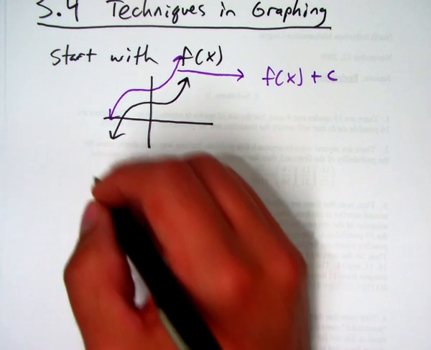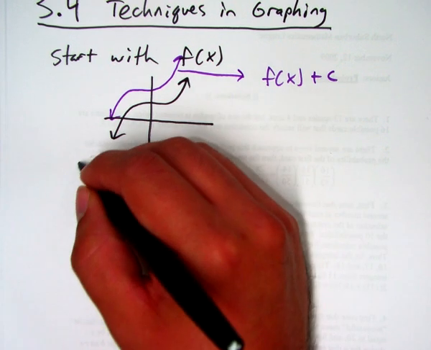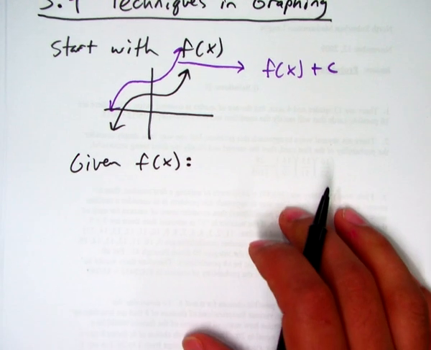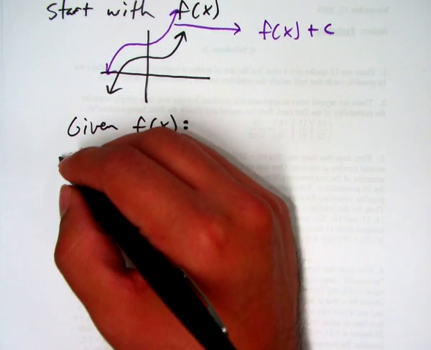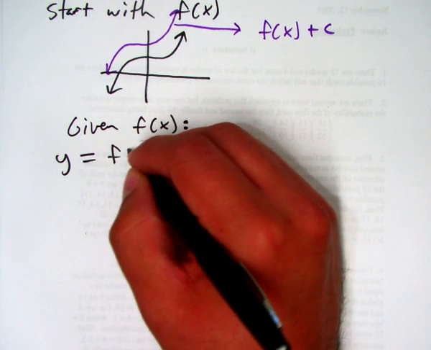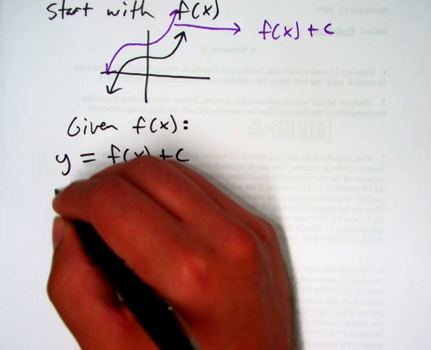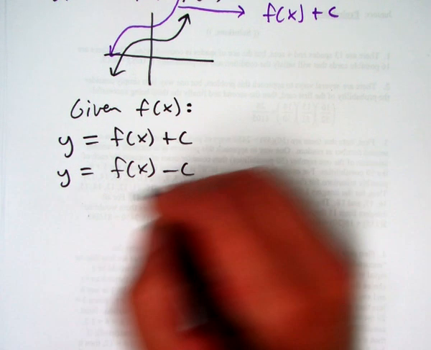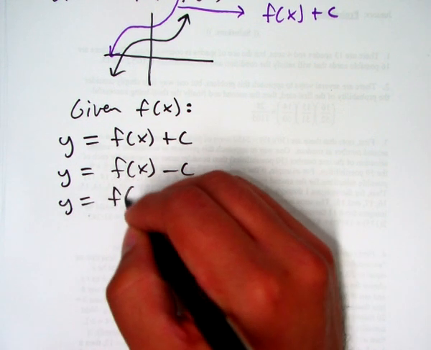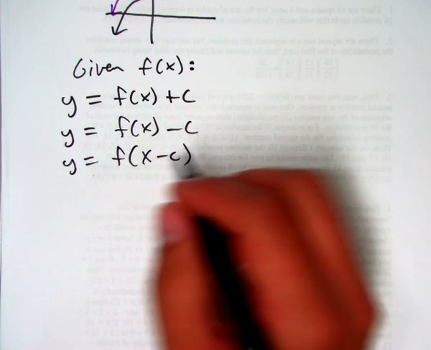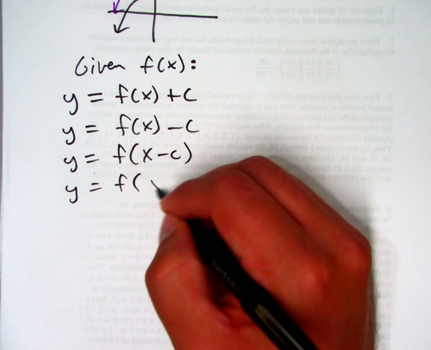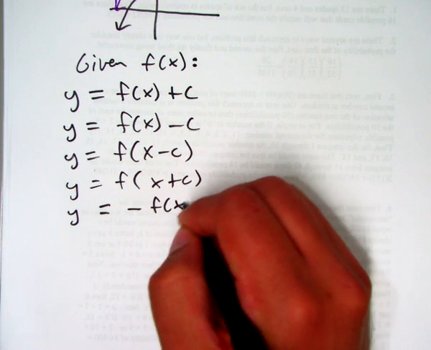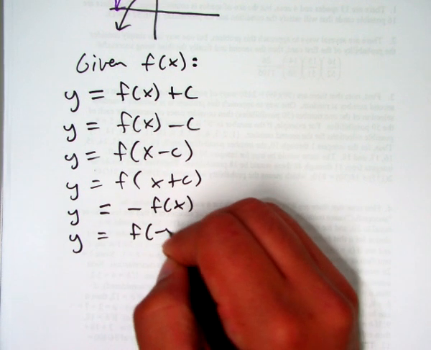Okay, so if we're given a function f of x, then if we want a new function, so let's just do all 6 of them: y equals f of x plus c, y equals f of x minus c, y equals f of x plus c, y equals f of x minus c, y equals negative f of x, and y equals f of negative x.